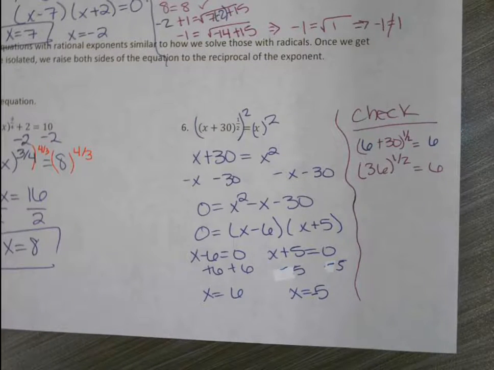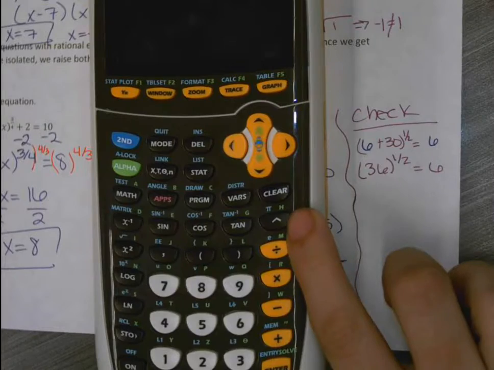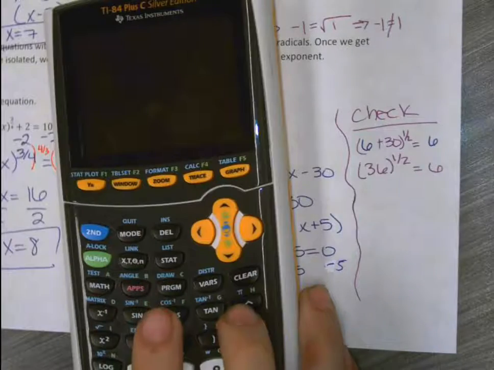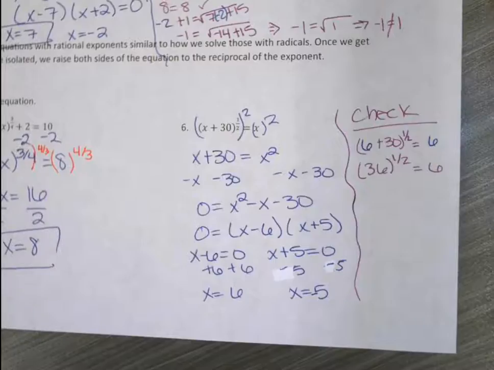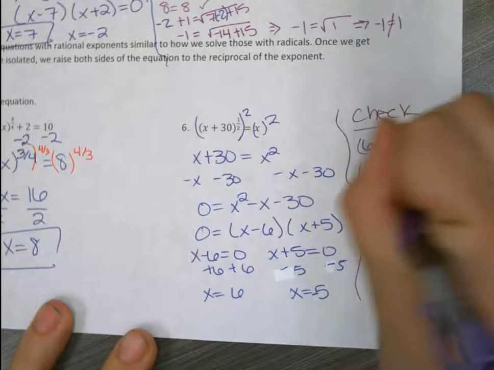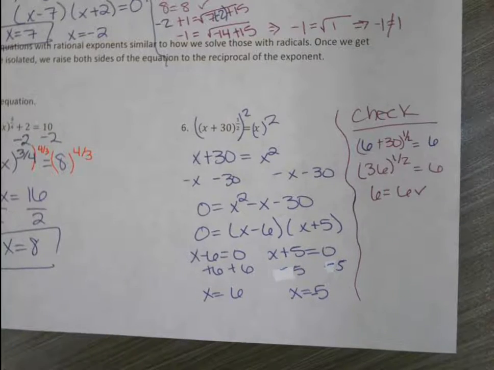You do the exponent button, it's right above divide. No, it's the square root of 36. It's 6. So 6 equals 6. We're done with 6. I still need to check negative 5.